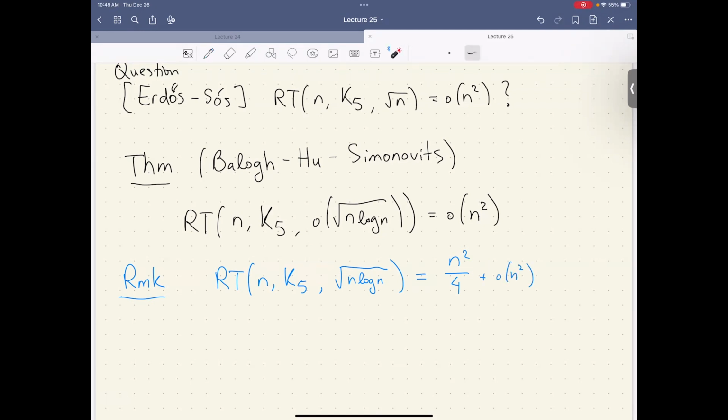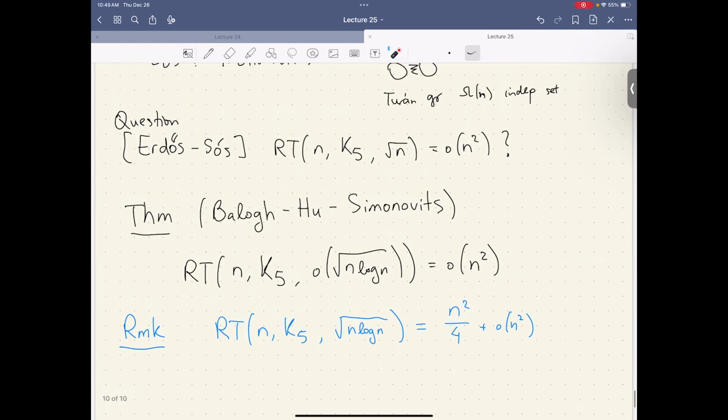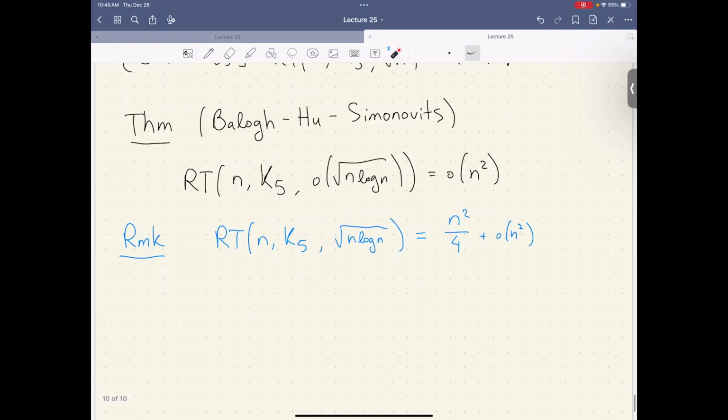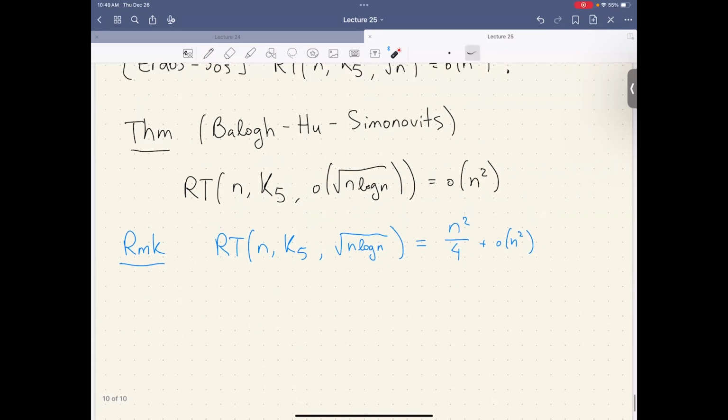So as the independence number drops from square root n log n to little o of that, the edge density suddenly drops from 1/2 to 0. The graph cannot be dense anymore. Of course, this is a stronger version of that because it's already sparse at a much larger independence number requirement.